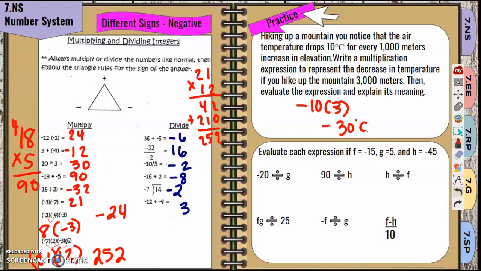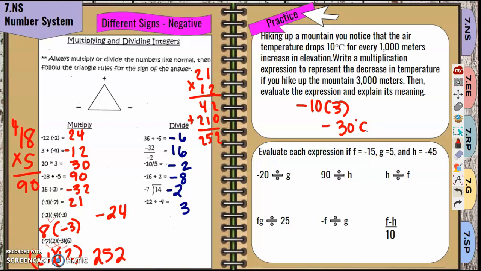All right, and for the last section, evaluate each expression if f equals negative 10, g equals 5, and h equals negative 45. So what you're going to do is plug in the number for each variable and solve.